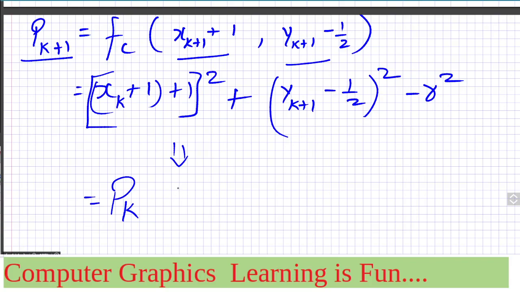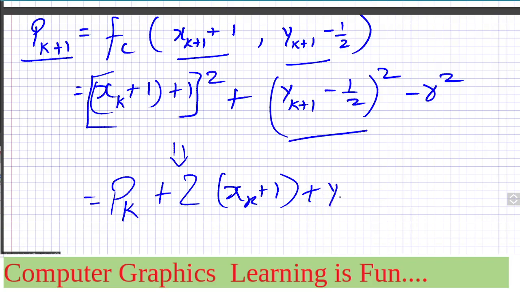And apart from that, you will also get 2 into xk plus 1, 2 into this thing, plus 1 square will be there. So in last, let me write it plus. Before that, let me write something about this. What it will be?